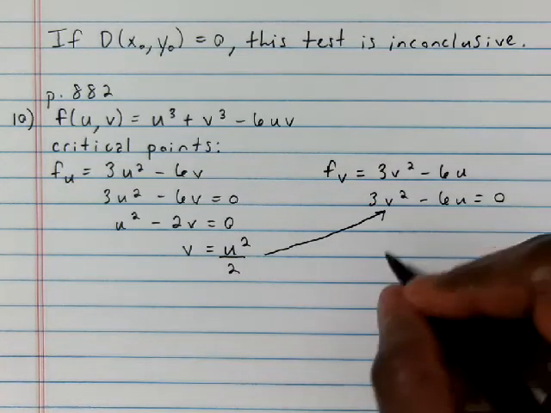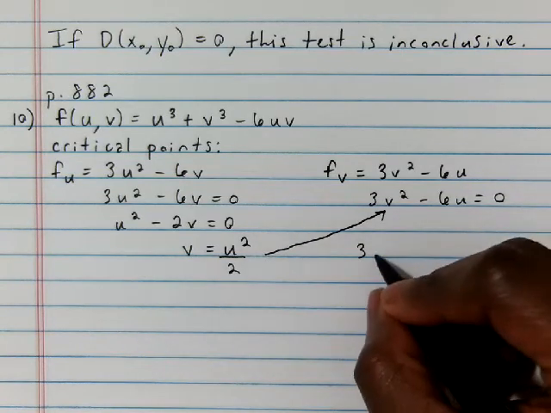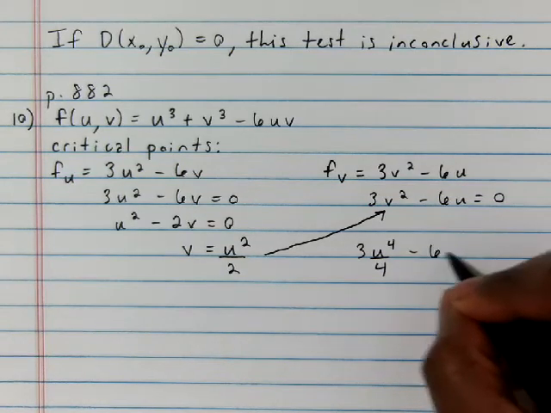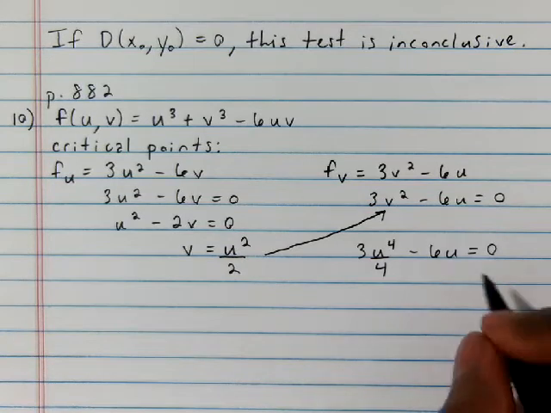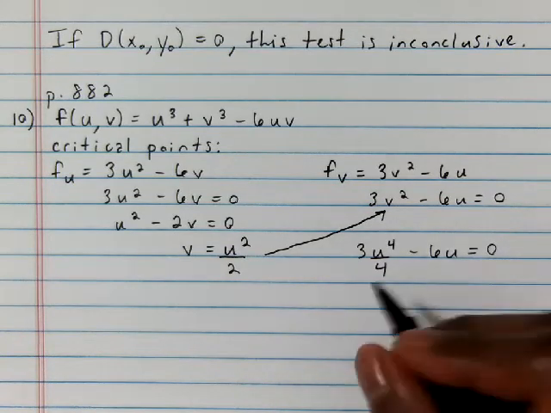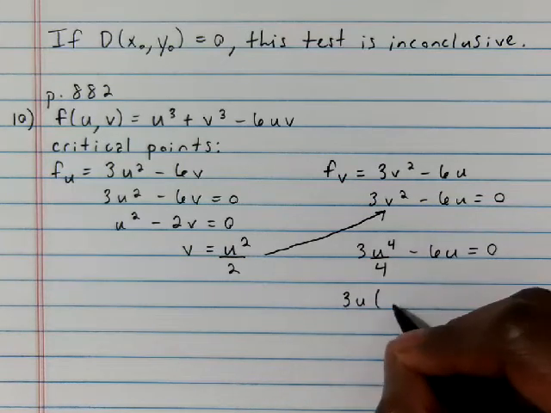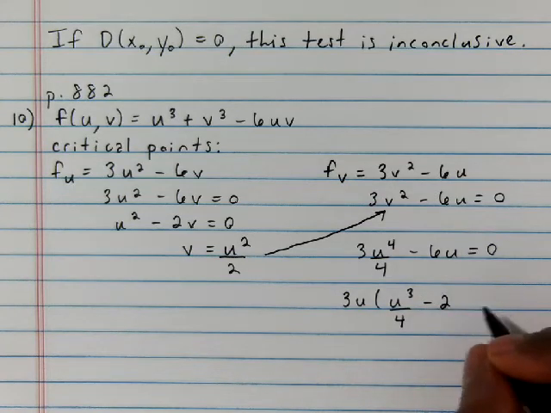When we do that, that gives us 3 times u to the 4th over 4 minus 6u equals 0. And I can factor out a 3u from both of these terms, which tells us 3u times (u cubed over 4 minus 2) equals 0.